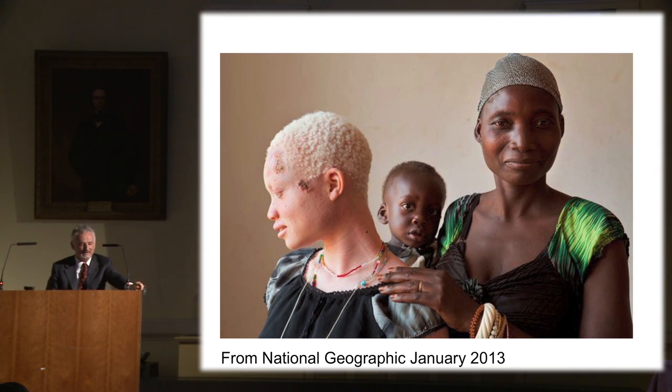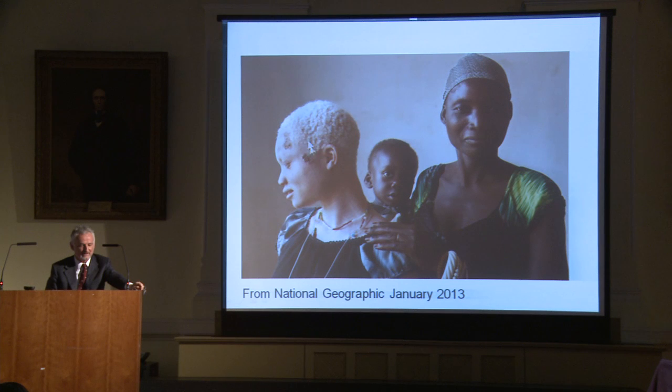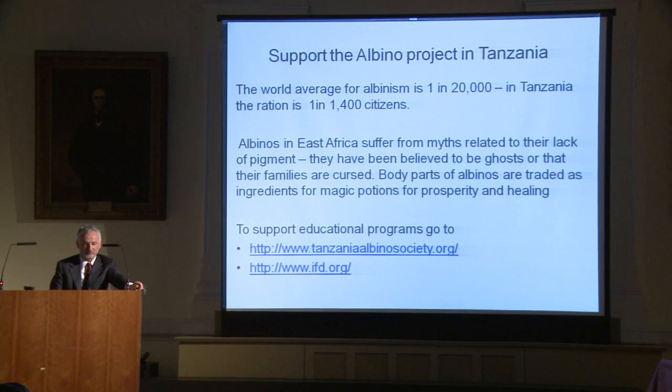You see this young lady here with her mother who has obviously developed skin cancer at a very early age. So the pigment is really not there to embellish. The pigment is there to protect, and to protect against skin cancer due to UV light. This was from a National Geographic article published in 2013.